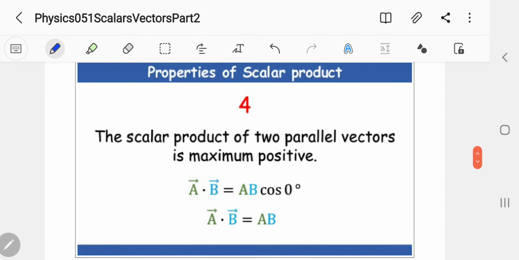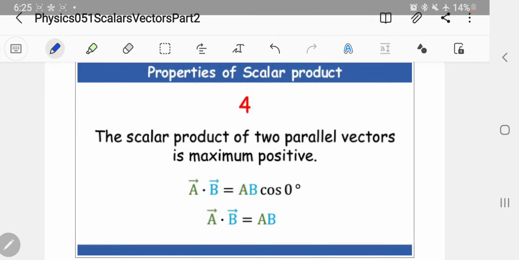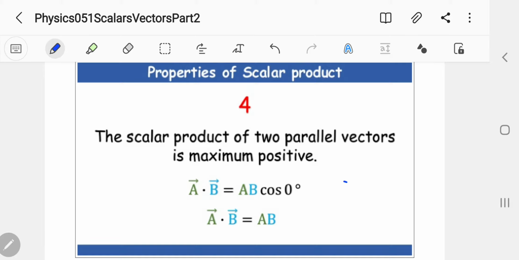If you get the scalar product of two parallel vectors, that would be just the product of the magnitudes, because cosine 0 is equal to 1.